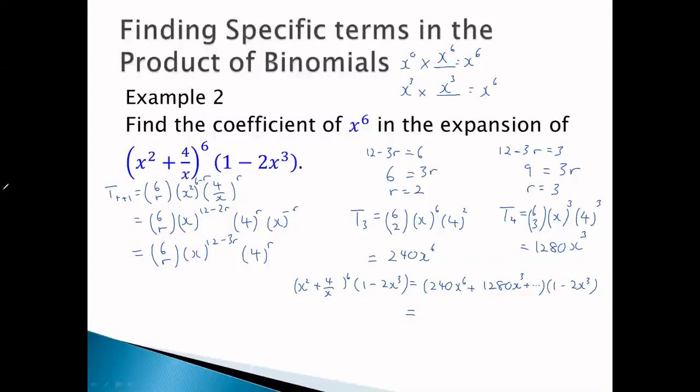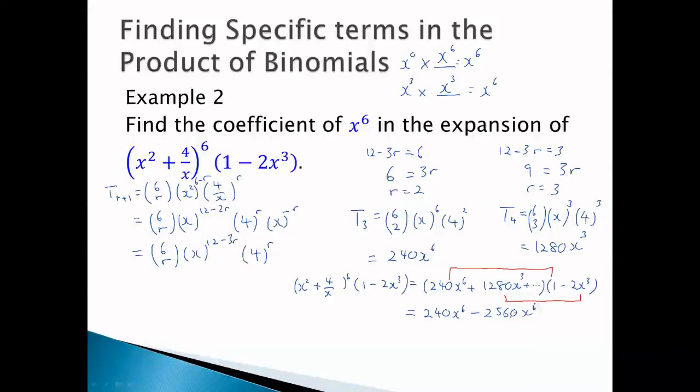So again, let's change to our red pen. To get an x to the power 6 term, I need to take this times this, and this times this. So what's 240x to the power 6 times 1? Isn't it just 240x to the power 6? And what's 1280 times negative 2? Make sure it's negative 2, don't just take 2. So 1280 times negative 2 is minus 2560x cubed.